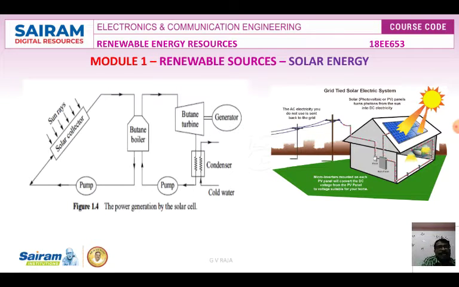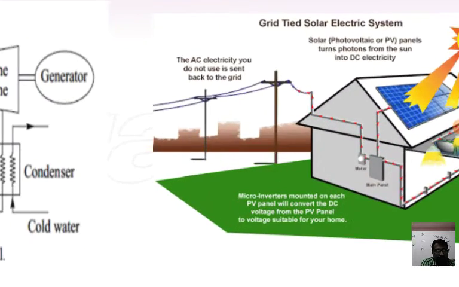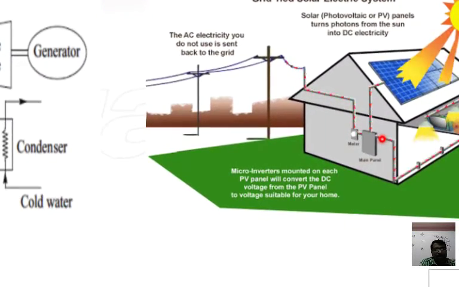Another kind of conversion is photovoltaic conversion. This is the direct electricity generation method. From the sunlight, on the rooftop of the house, the solar cell is mounted and it is given to the main panel.